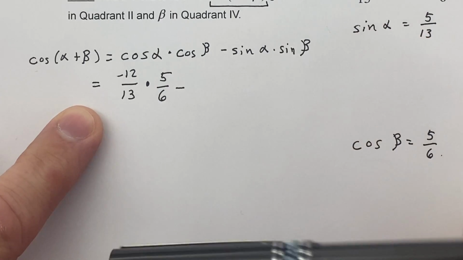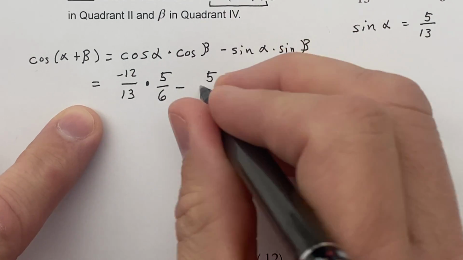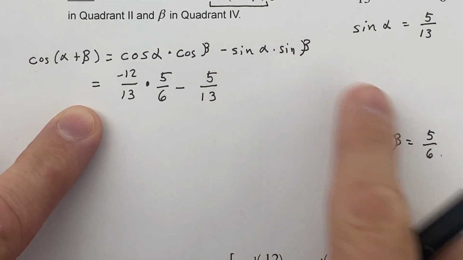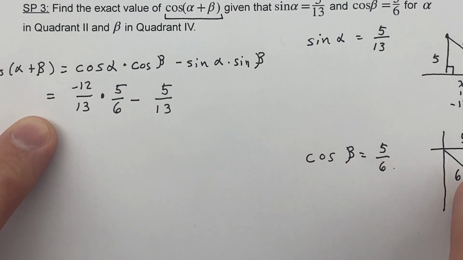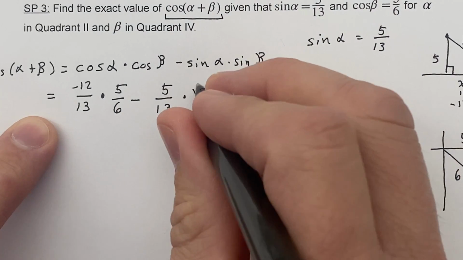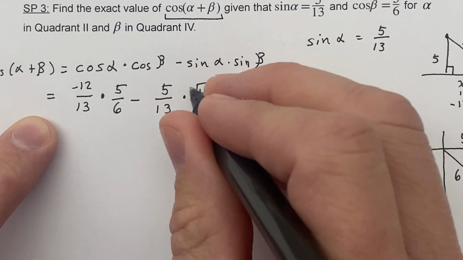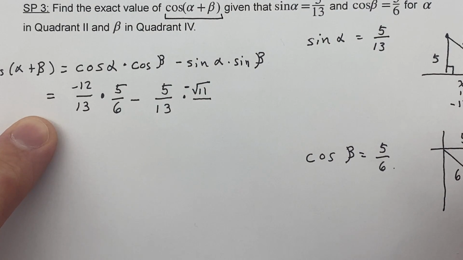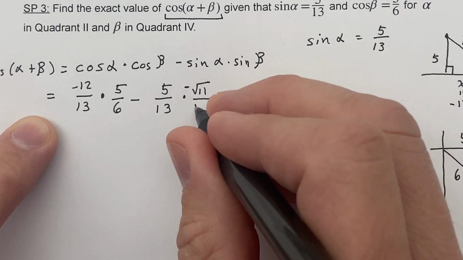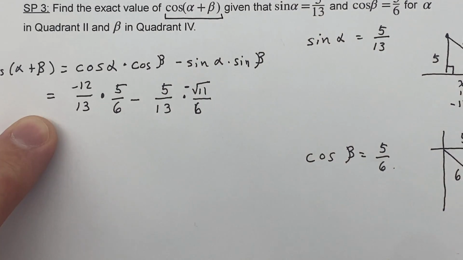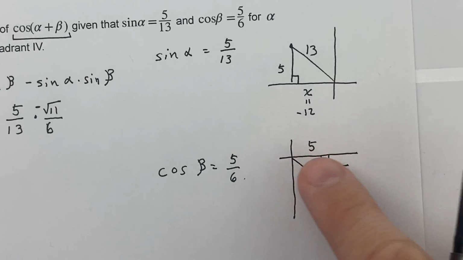Sine of alpha was given to us as 5 over 13. The sine of beta, opposite over hypotenuse, so square root would be 11 over 6. And that was negative. Anybody else catch that? Negative square root of 11.